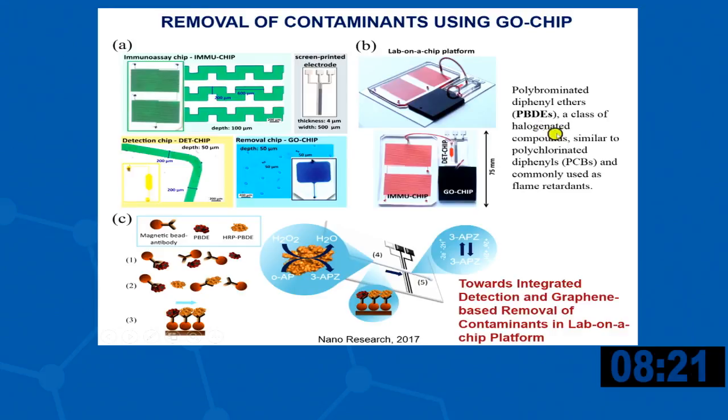In this case, this is polybrominated diphenyl ether, which is highly reported as a contaminant. So the system is able to do the detection of this contaminant, and then the graphene oxide is removing the contaminant. So it's a kind of smart chip that is doing detection, but also at the same time removing the contaminant, so avoiding the release of the contaminants out of the system.